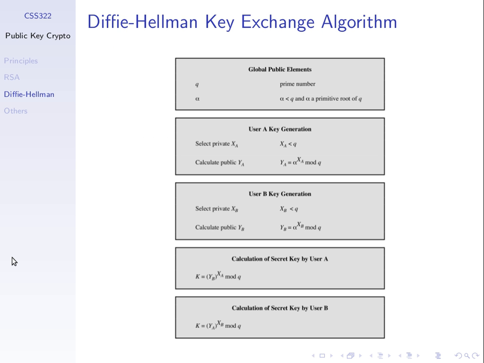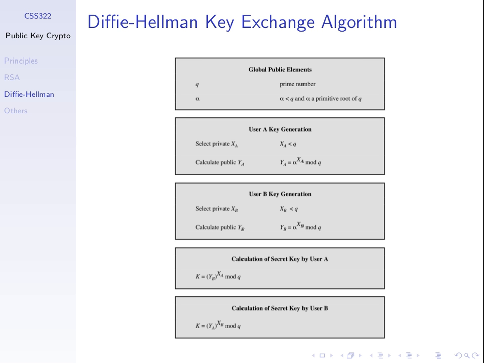This is the algorithm, and we'll just demonstrate it with an example. There are some public values that are known. When we say public, it means everyone knows them: the 2 people involved, the attacker, and anyone around. There's a prime number q and some alpha, which is less than q. We usually choose alpha to be a primitive root of q.